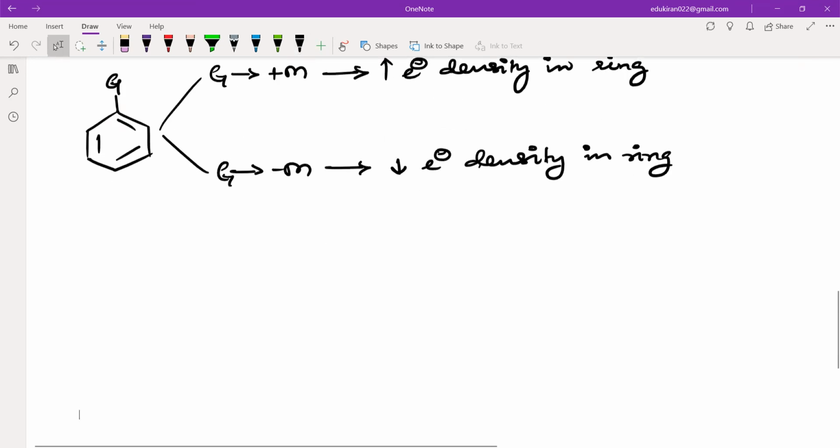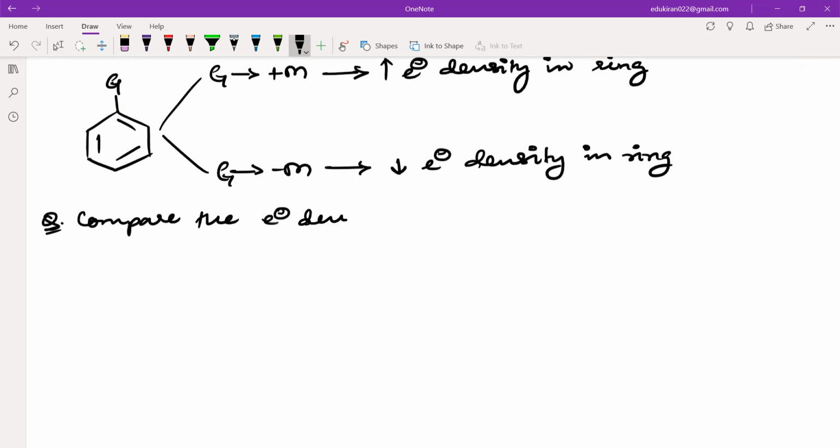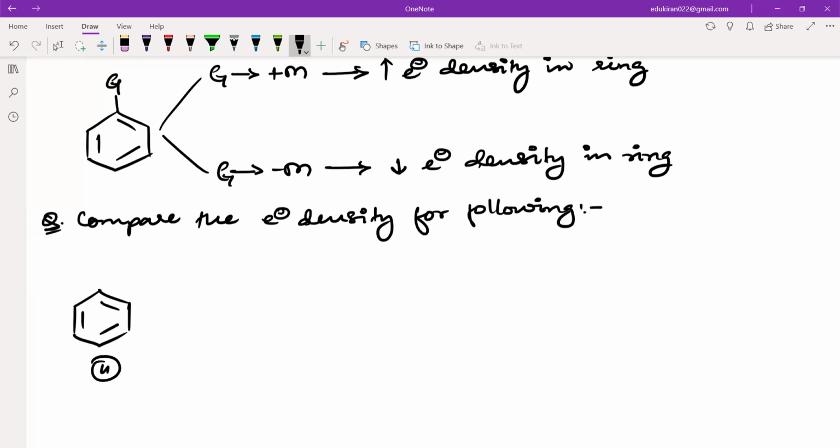Let us at least solve one question. Compare the electron density for following. Here you have simple benzene.